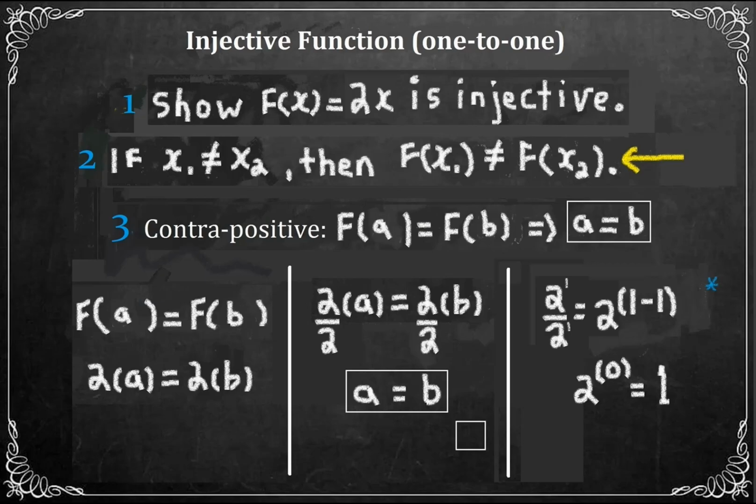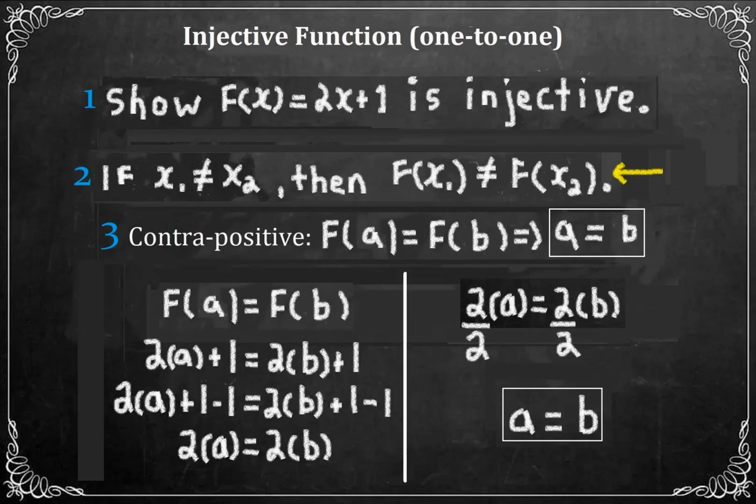If we divide a number by itself, here's what's going on. Any number that has a power of 1 is the number itself. So we can rewrite 2 over 2 as 2 raised to the power of 1 minus 1, which is just 2 to the 0, which just equals 1.